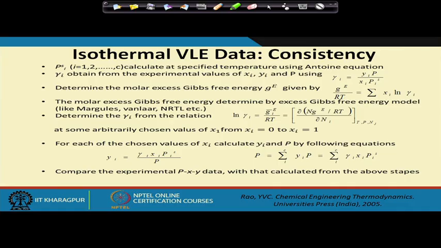We will be doing a few more problems on the 2 suffix Margules equation and under conditions of azeotropy. These problems are pretty simple, and we will be doing a few of them in your assignments. If you have further doubts, you are always welcome to upload the questions and we will be glad to answer them.